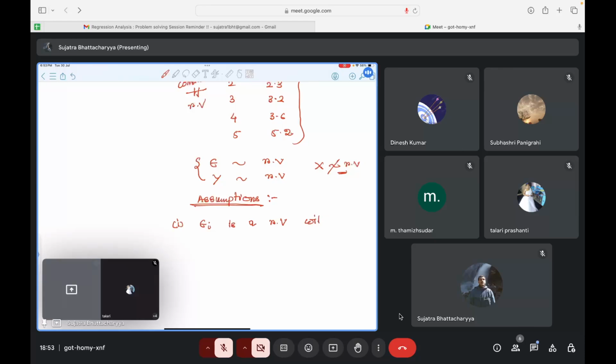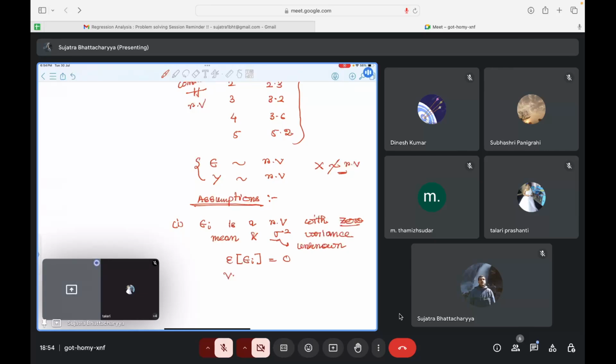With its distribution, we are saying that it has zero mean and sigma square variance, and most of the time it is unknown. Population variance is most of the time unknown. So if the mean is zero and the variance is sigma square, the expectation value of epsilon i will be zero, because zero mean.